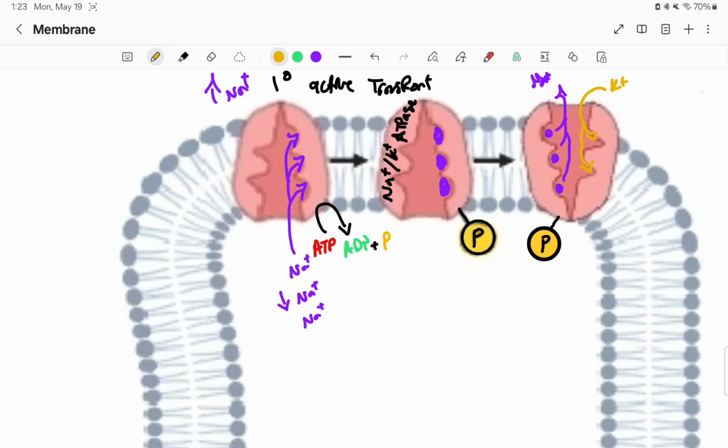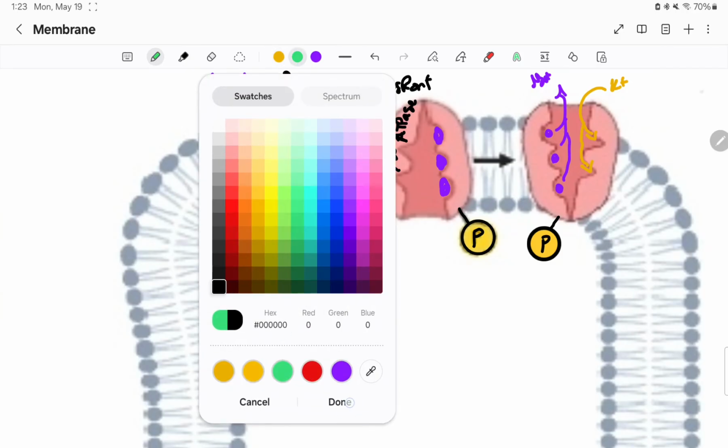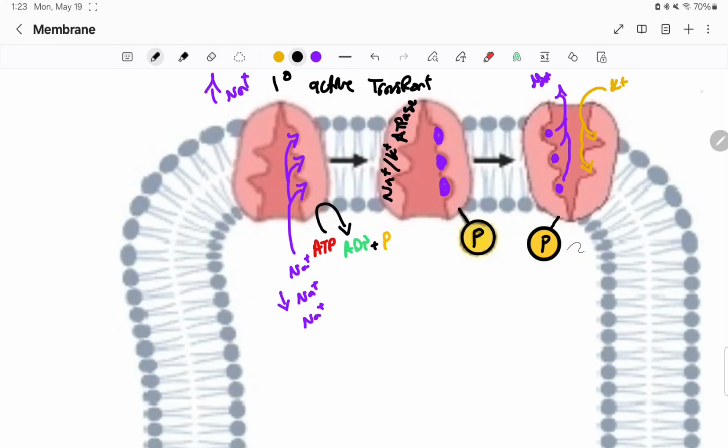As soon as these two potassium ions come and bind to this high affinity binding site, the phosphate group that was attached here from the ATP will immediately leave. That phosphate will leave, and if the phosphate leaves, guess what happens? This molecule becomes dephosphorylated and flips back to its original shape.